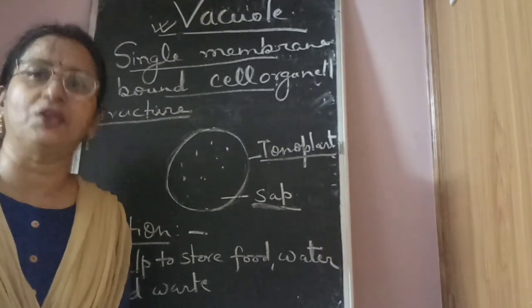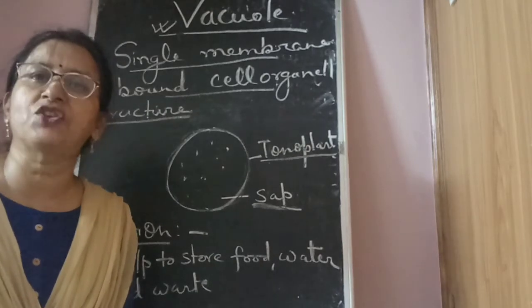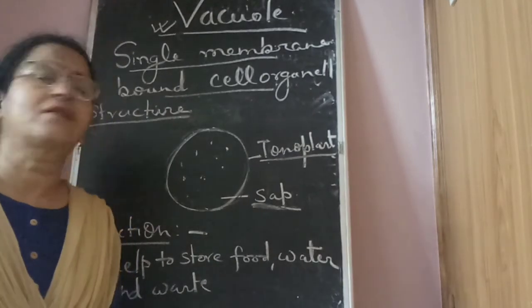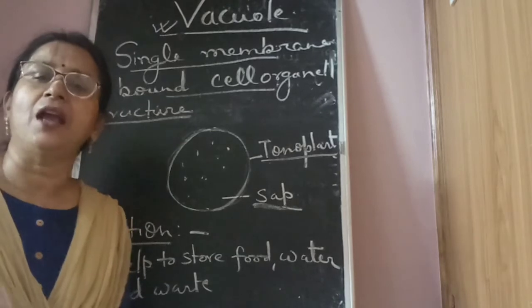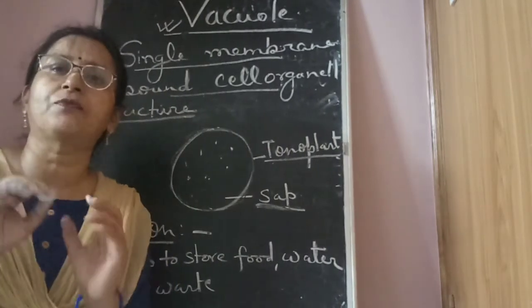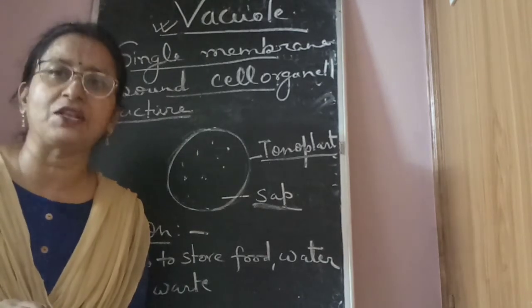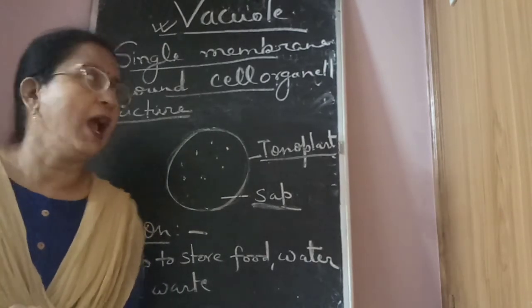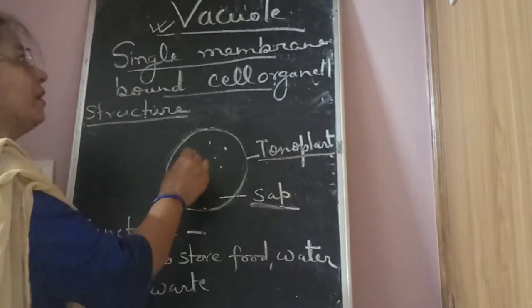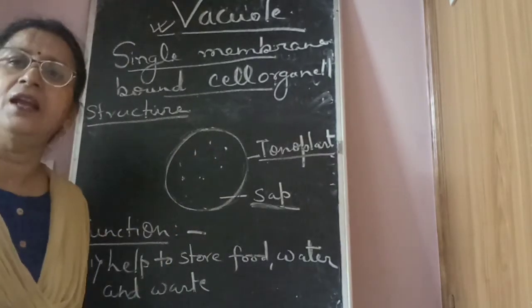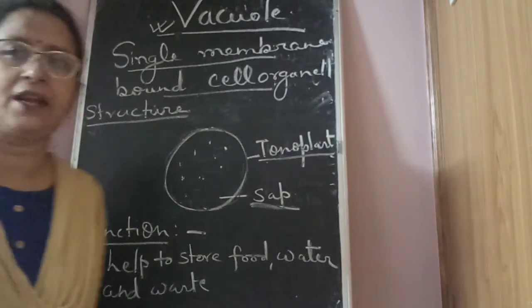But as the cell grows and matures, its size increases and all the vacuoles fuse to form a single vacuole in the matured plant cell. And this vacuole in a mature plant cell is centrally located.